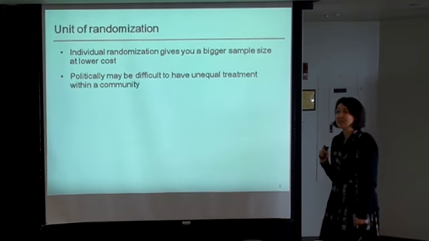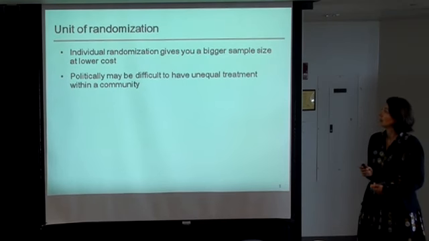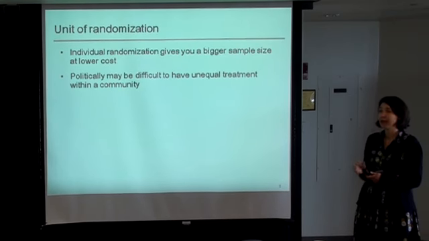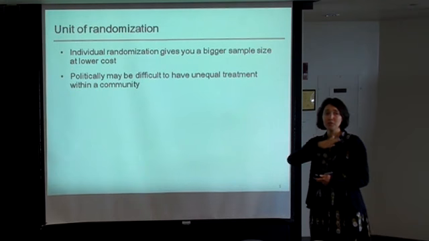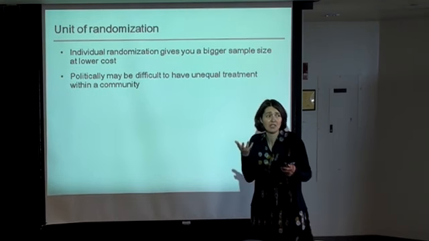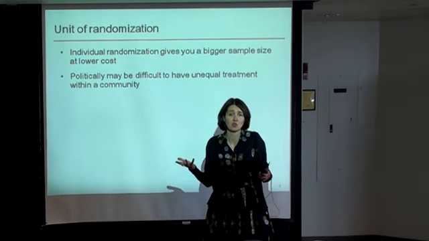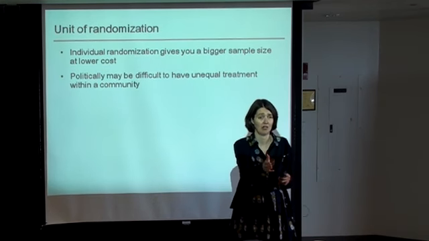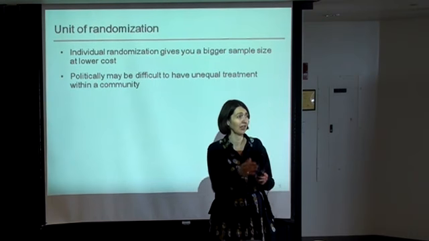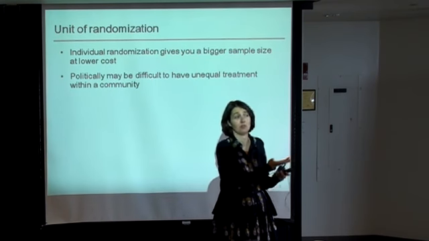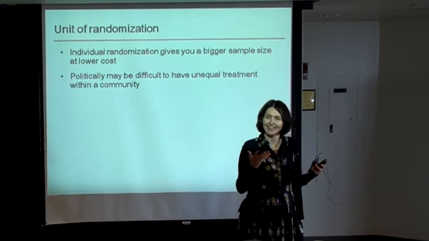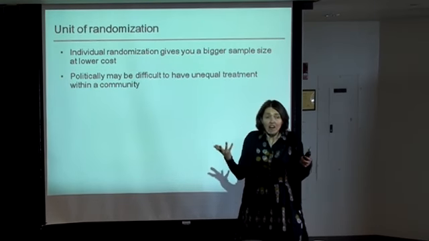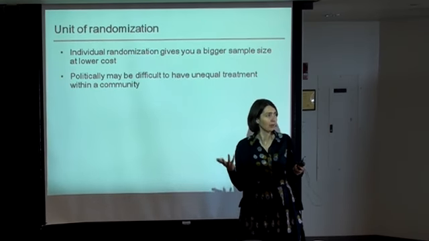But it may be politically difficult to do that, to have different treatments within one community. Imagine you're in a school context and you've got a class and you say, well, you get a lunch, we're providing lunch to you, but I'm sorry, you don't get any lunch. It's just very hard to do that and often inappropriate.